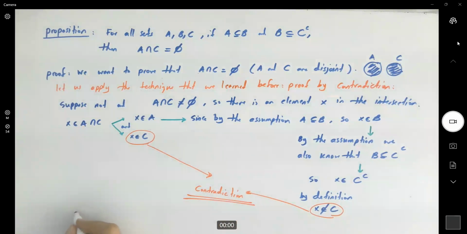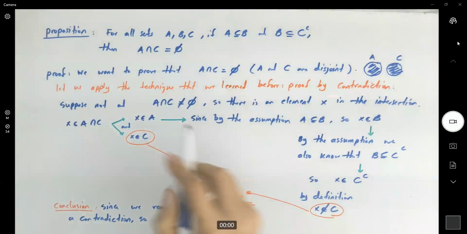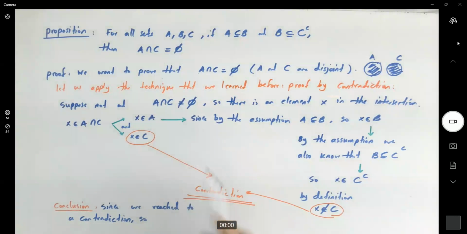So our conclusion is, since we reached a contradiction, this assumption that A intersection C is not empty is false.